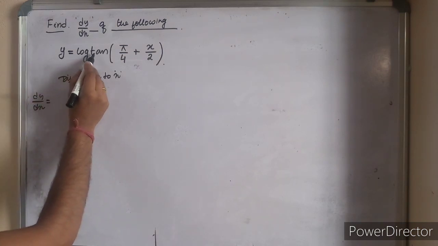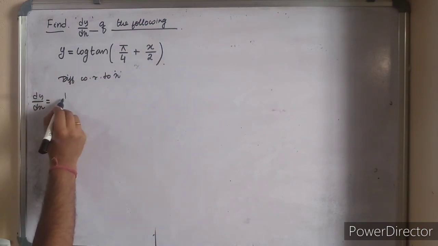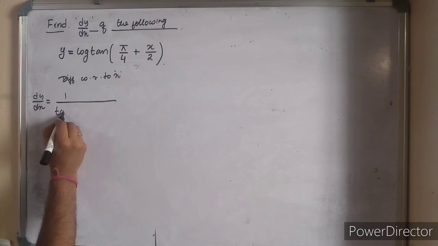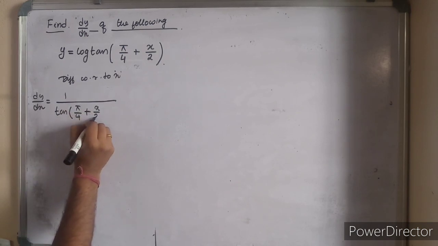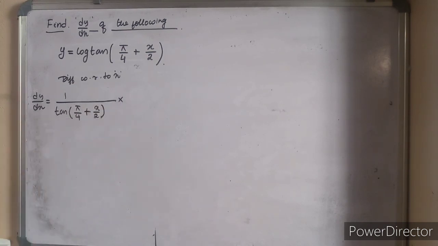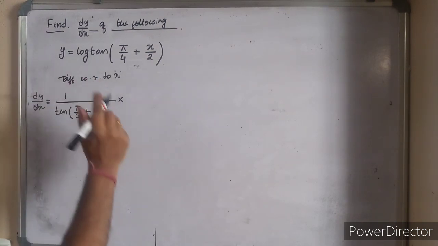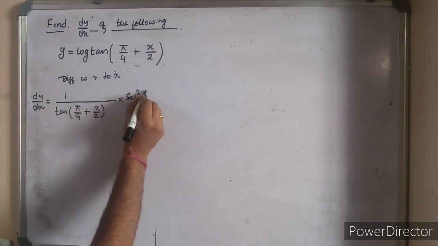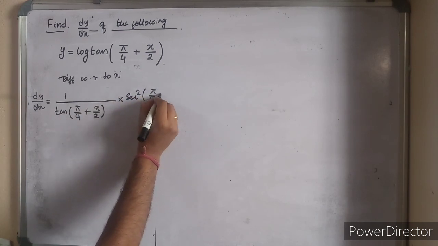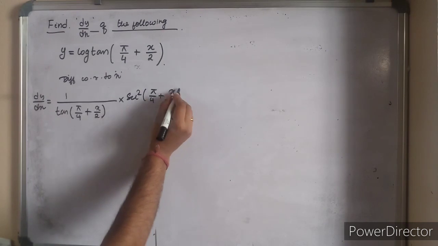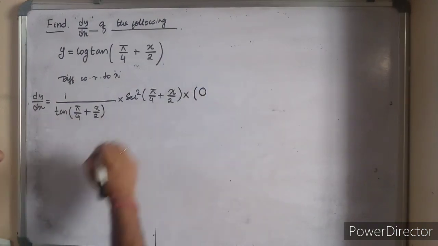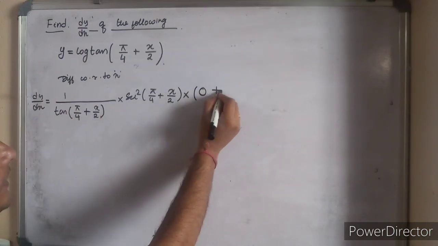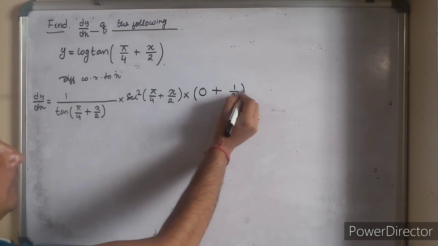So log of this whole thing, log x is 1 over tan of pi by 4 plus x by 2, into, next after log, the derivative of tan is sec square of pi by 4 plus x by 2, into the derivative of the angle. Derivative of pi by 4 is 0, constant, plus derivative of x by 2 is 1 by 2.